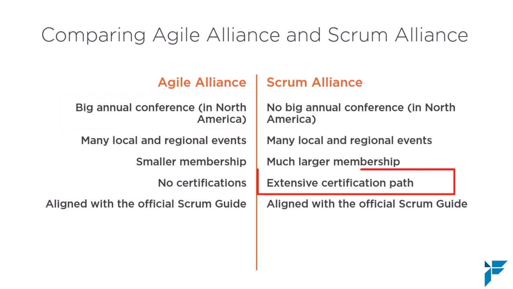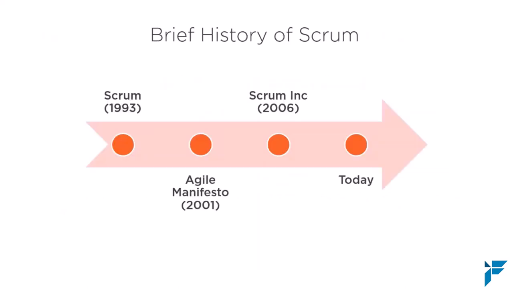Conversely, Scrum Alliance is best known for its certifications for all three Scrum roles, and for certifying Scrum coaches and trainers, too. The Scrum Alliance has certified over 750,000 people in Scrum, and the bulk of those have been certified as Scrum Masters.